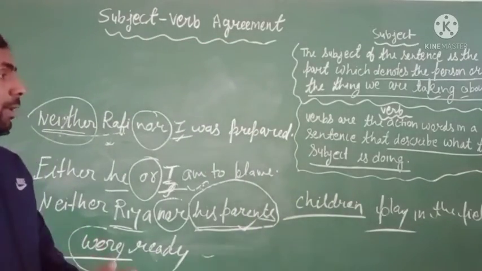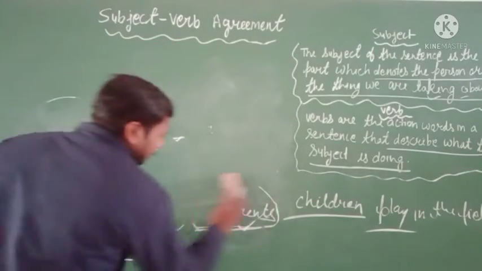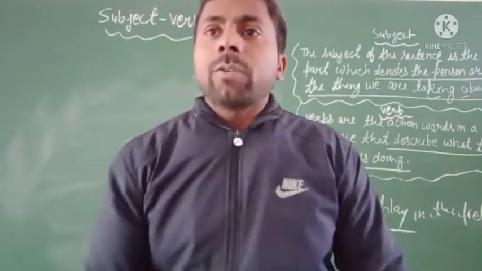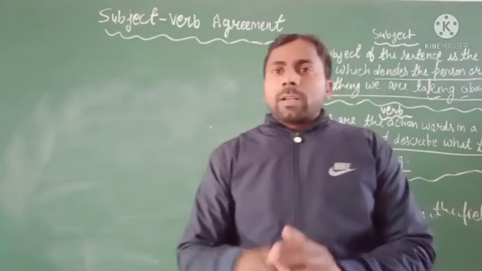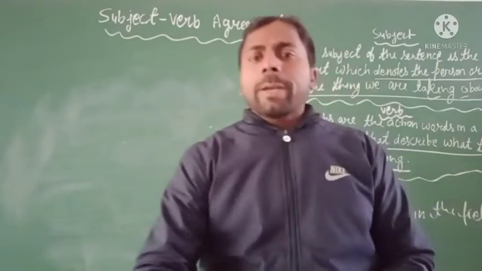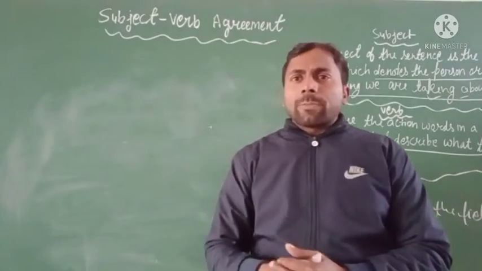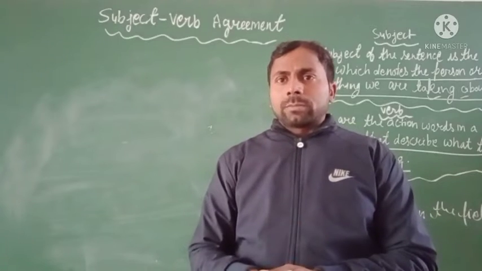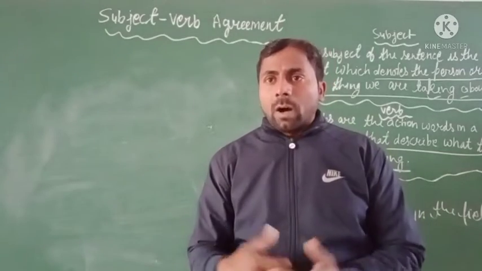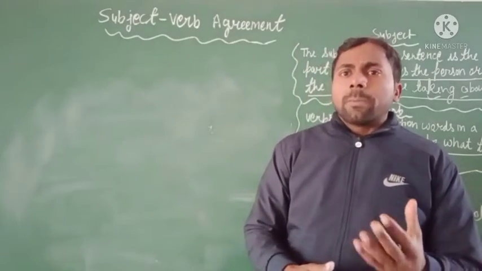Now the next rule we have to see. The next rule is when subjects differing in number or person are connected by and, the verb must always be in the plural.